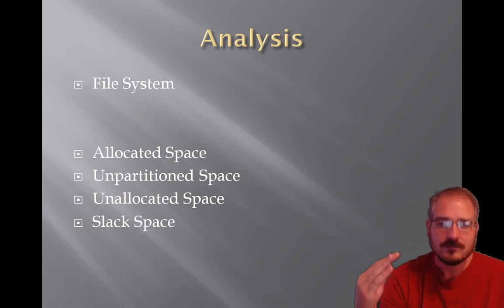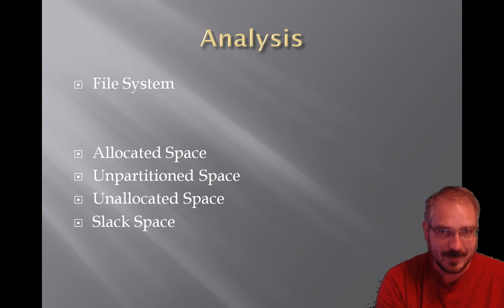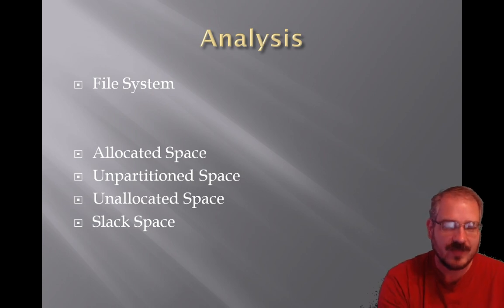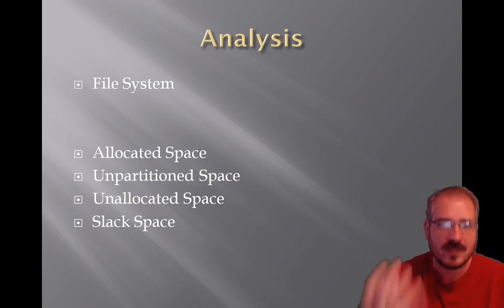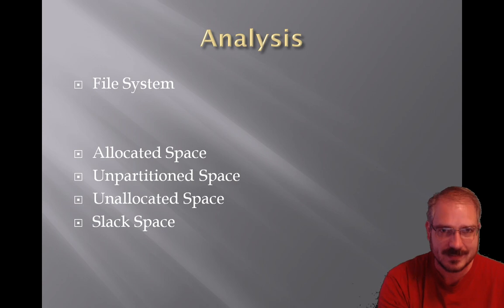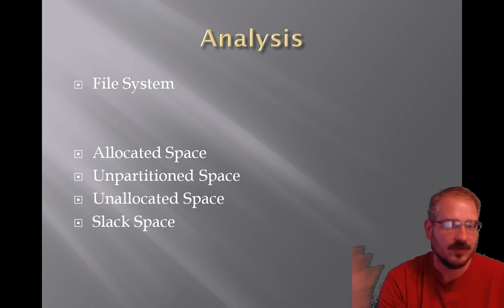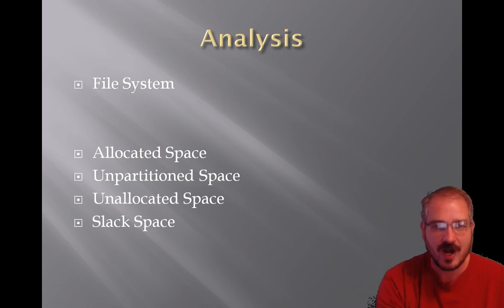Now, allocated space is the term used to describe the areas of that hard drive where the file system thinks data exists, right? So if I download a new video game and I install that video game on my hard drive, my file system and my operating system are going to look on my hard drive for enough unallocated space.